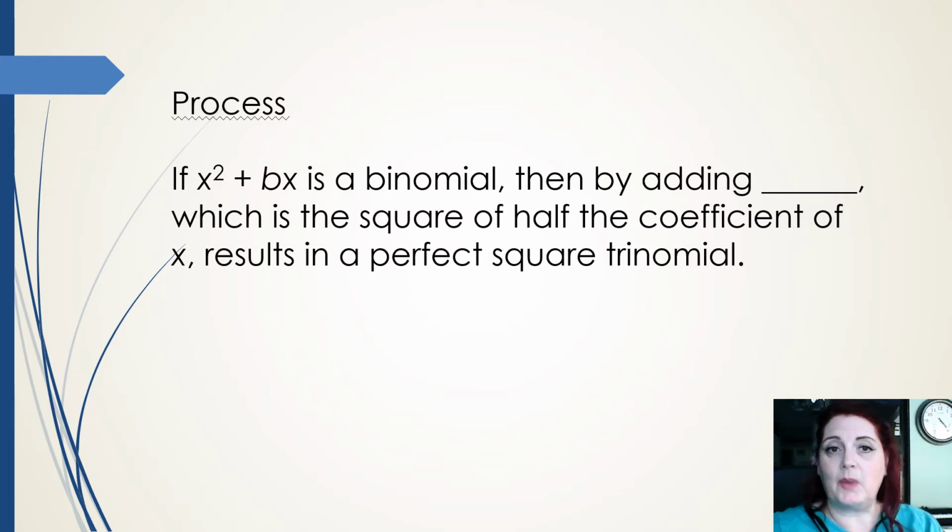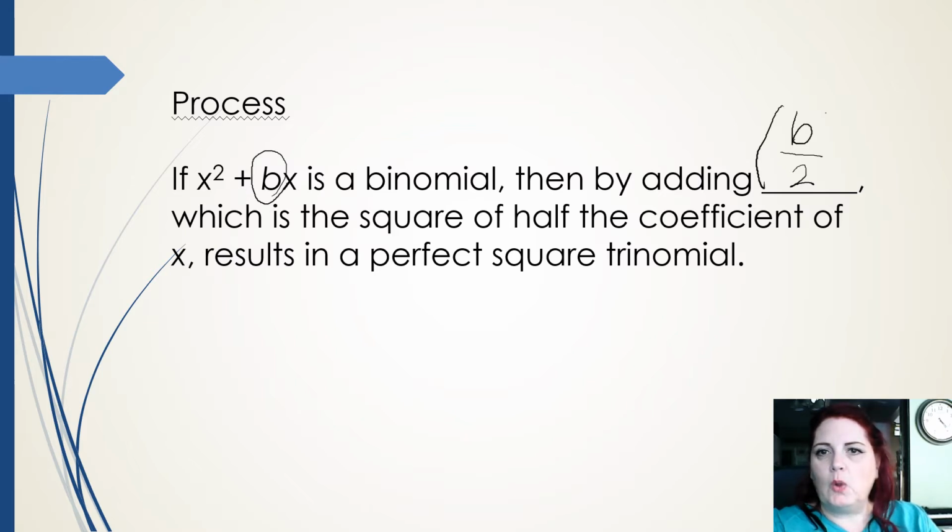The process that we use for completing the square is to look at the very first two terms, the squared term and the x term. So if we have x squared plus bx, and that's a binomial, two terms, then we're going to add another term, and that term is going to be b over 2, where b is this coefficient, and then we're going to take that whole term and square it.